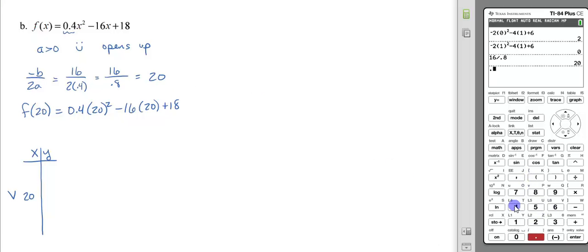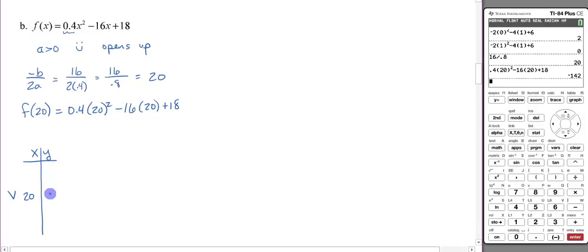So we have 0.4 parentheses 20 squared. We're subtracting 16 times 20, and we're adding 18. We get a negative 142.